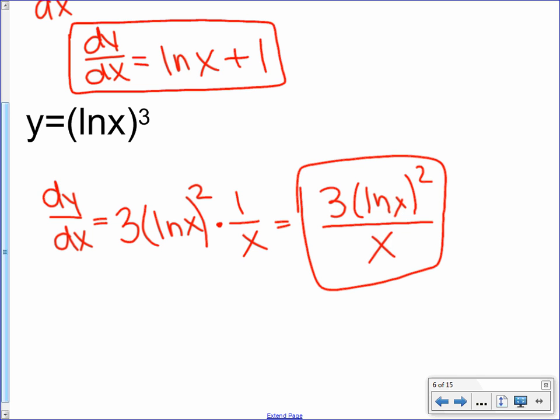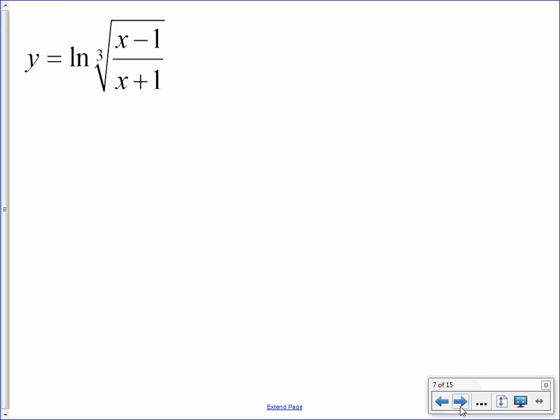All right. Now, if I gave you this, do we want to do chain? We can expand and just do two separate logarithms, two separate derivatives, right?